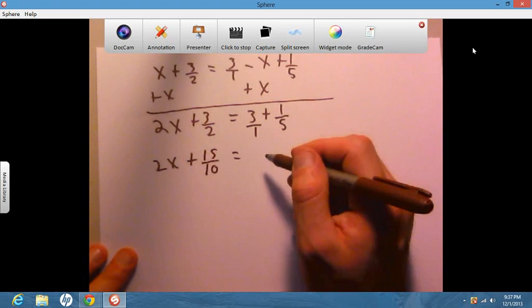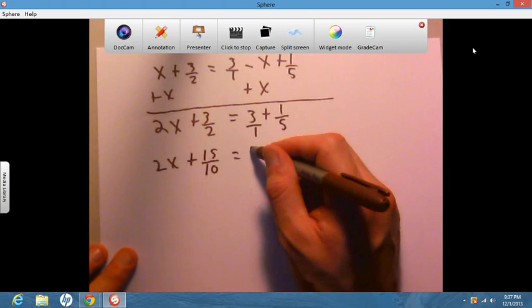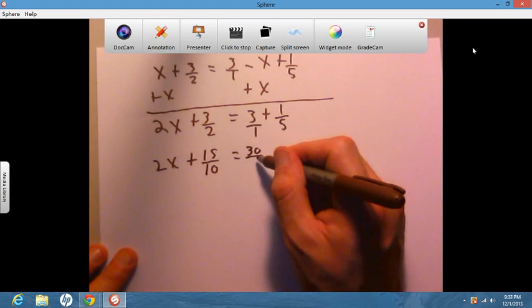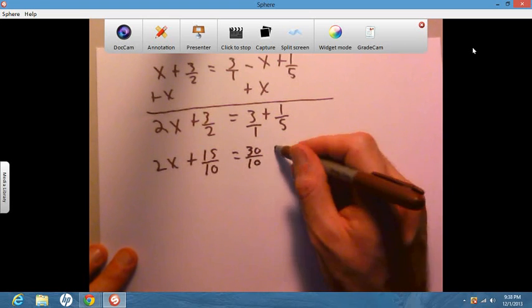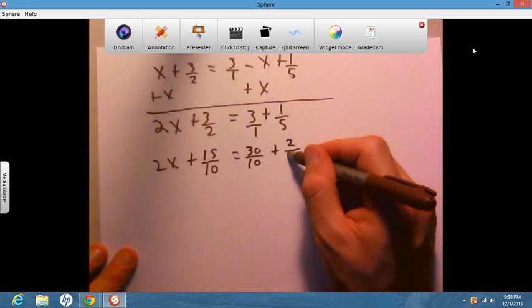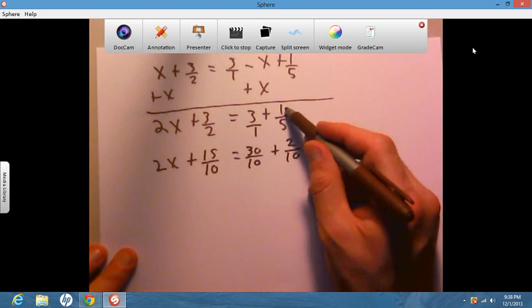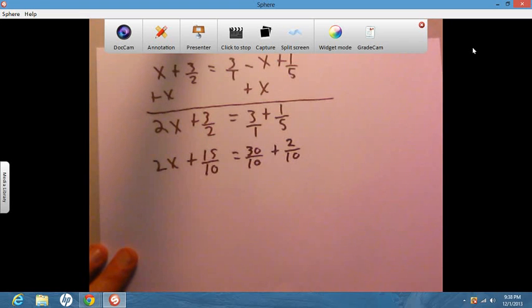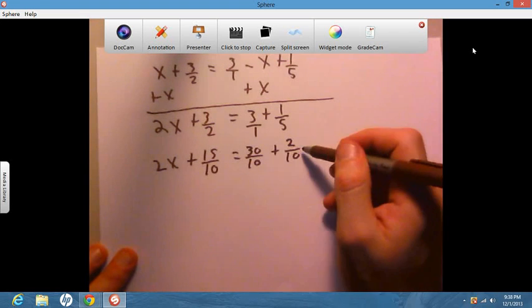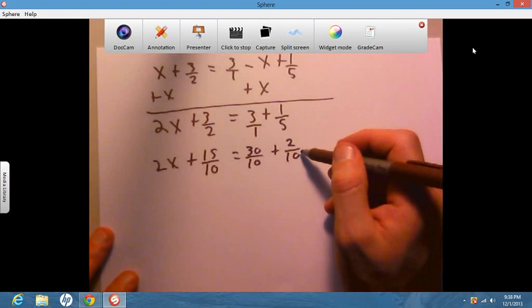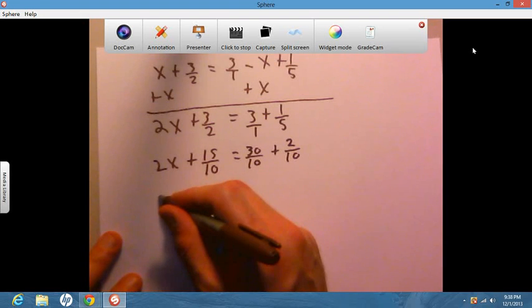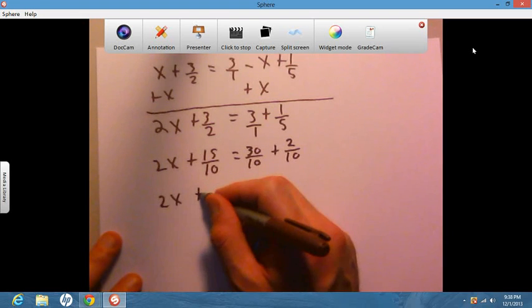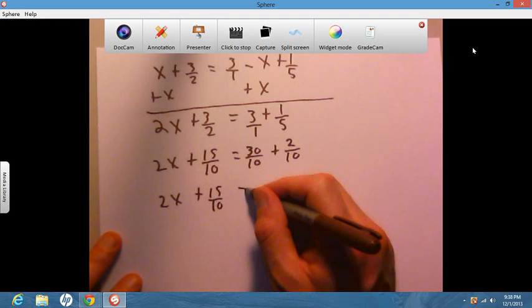And I'm going to write this as 30 divided by 10, which is 3. And I'm going to write this as 2 over 10. Just 2 times 5 is 10, 2 times 1 is 2. So now the right-hand side is 32 over 10. So I'm going to have 2x plus 15 over 10 is equal to 32 divided by 10.